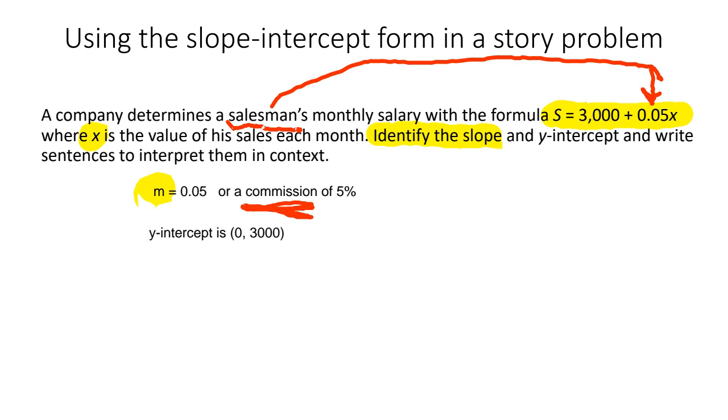Okay. And he earns a flat rate of $3,000 per month without any sales. This is the y-intercept.